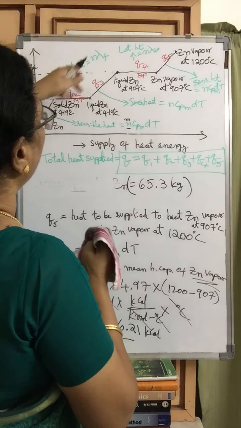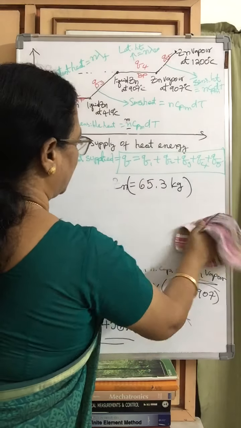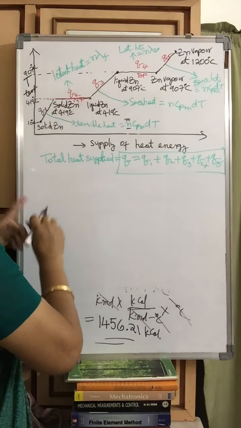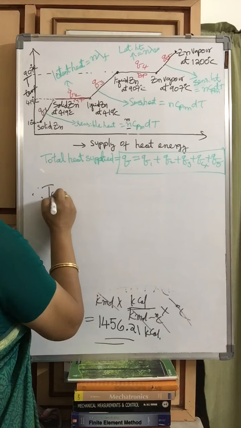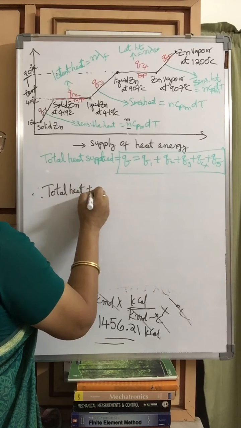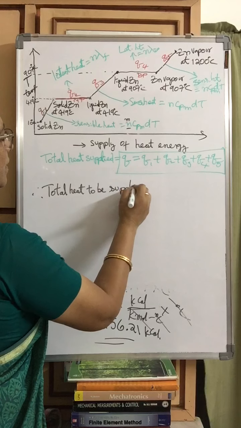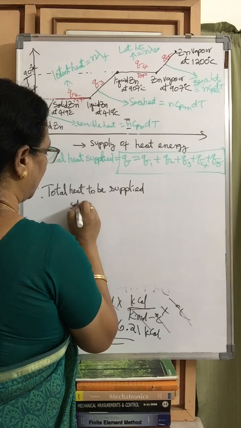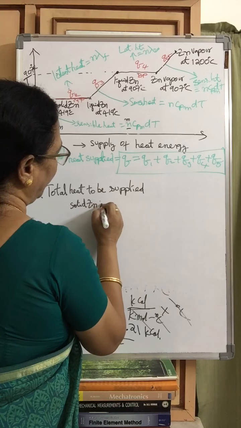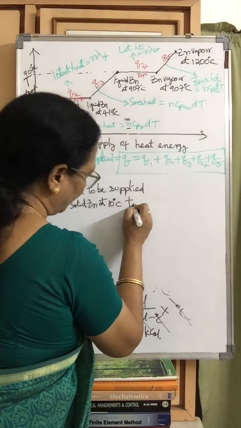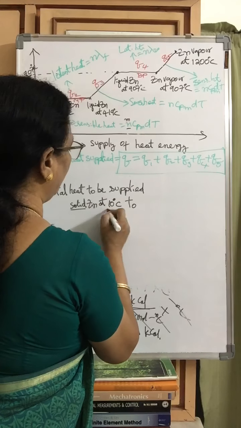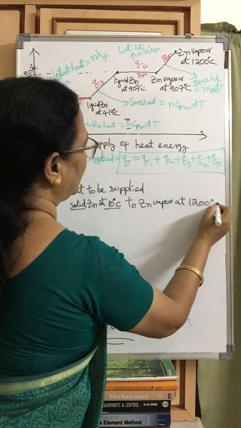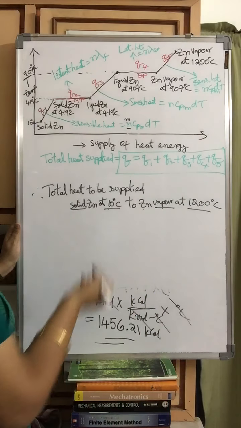Now add up, and you will get the total heat to be supplied, this Q. Therefore, the total heat to be supplied to convert solid zinc at 10 degrees centigrade to zinc vapor at 1200 degrees centigrade.